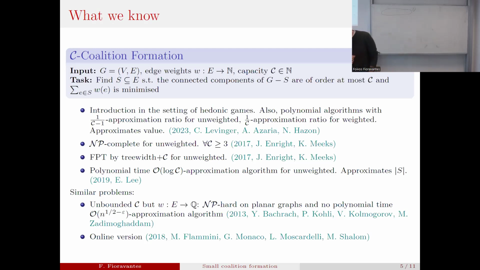The name was deleting edges to restrict the size of an epidemic. But apparently it is relevant here as well. And in this paper, there is also an FPT algorithm parameterized by the tree width plus the size of the rooms.